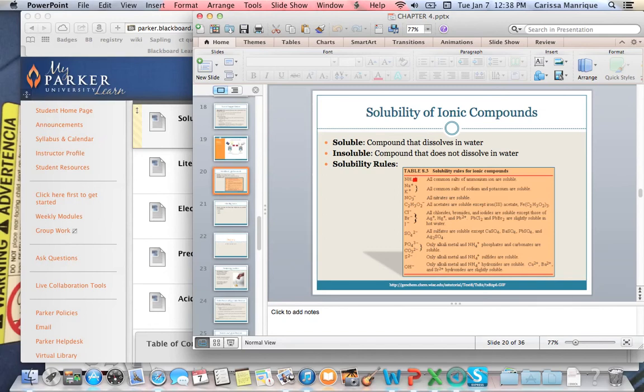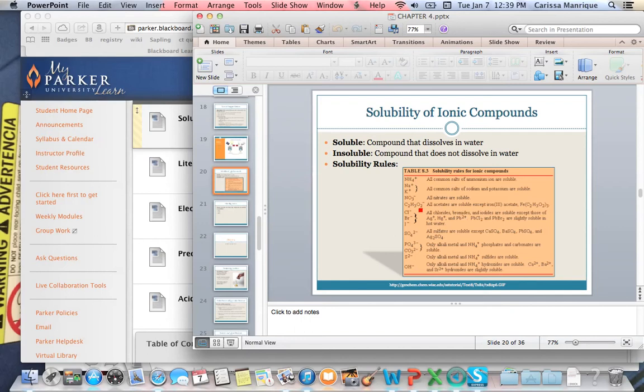So it says, for example, if you have ammonium, NH4, in a compound, all salts of ammonium are soluble in water. Okay? If we're looking at sodium and potassium, all salts of sodium and potassium are soluble. And we're always looking in water. If we're looking at nitrate, all nitrates are soluble. So anytime you see these in an ionic compound, it's going to be soluble.